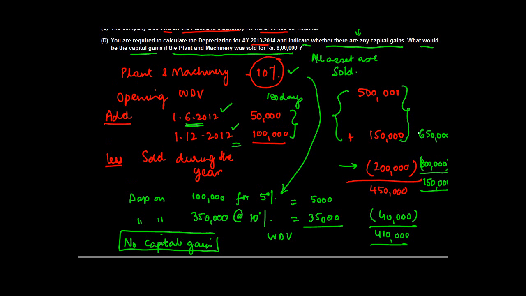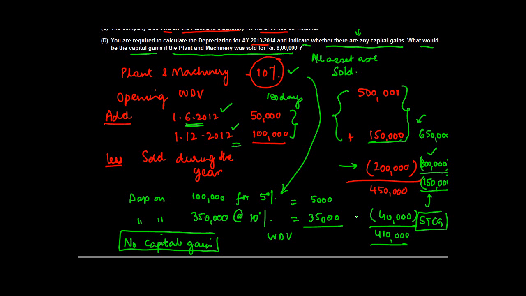Now in this case, the condition that the sale consideration exceeds the total written down value of the block is true, right? Therefore, there will be no depreciation in this year, and this excess of 1,50,000 will be short-term capital gain, right? This is something which we learned from the theory section.